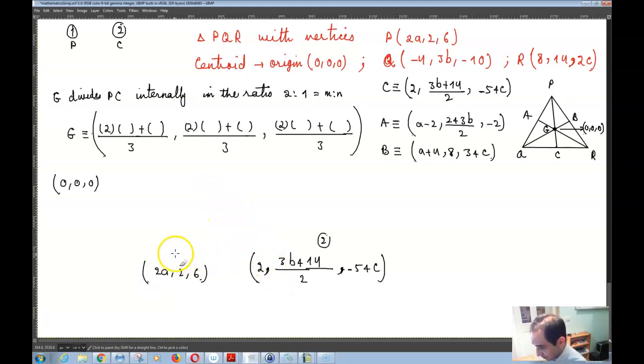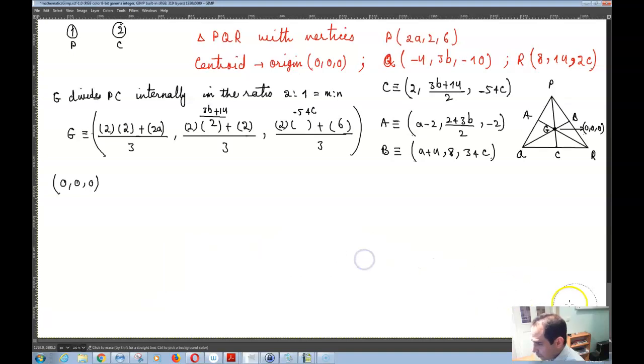Now x2 over here is 2, x1 is 2a. y2 is this expression, 3b plus 14 over 2, and y1 is this 2 over here. z2 would be negative 5 plus c, and z1 would be 6.